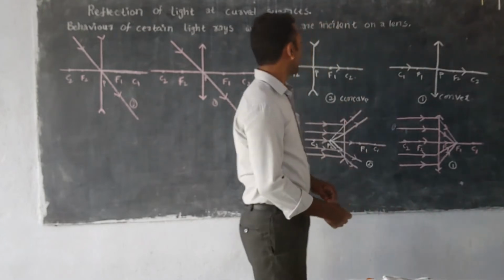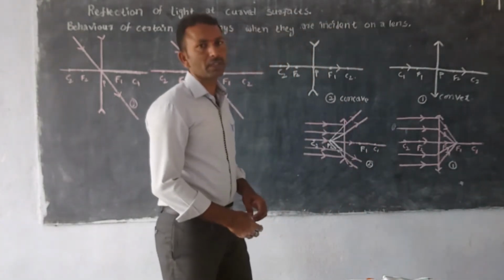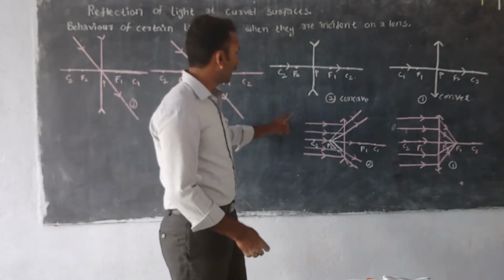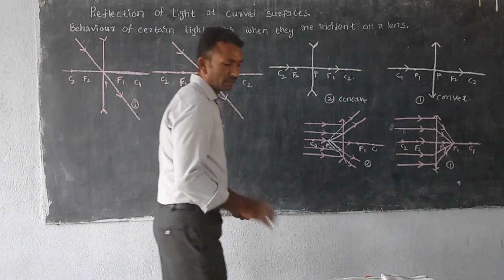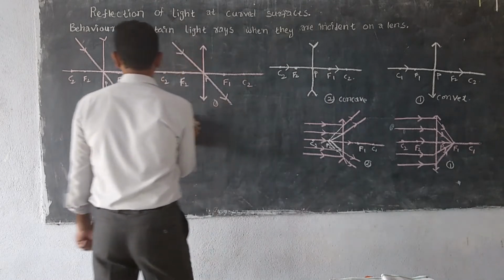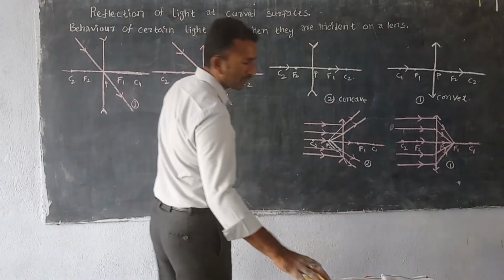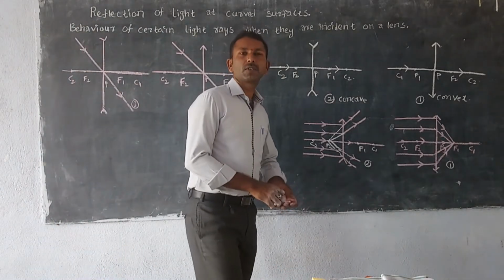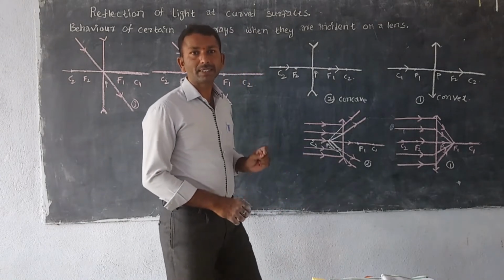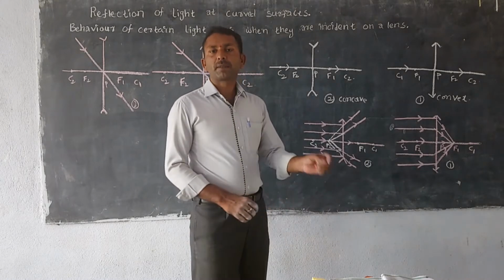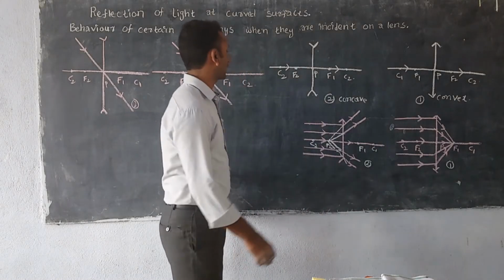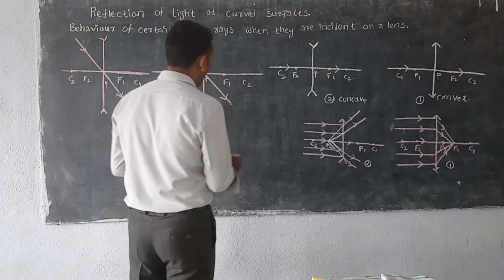And here, if the light rays are going through the focal point, we have already learned in the mirror formula lesson, if any light ray going through the focal point is incident on the mirror, it is reflected back parallel to the principal axis. And here also the same thing will happen.